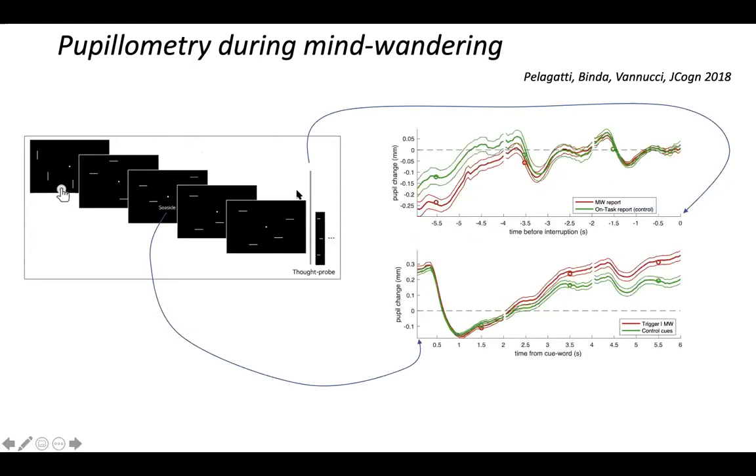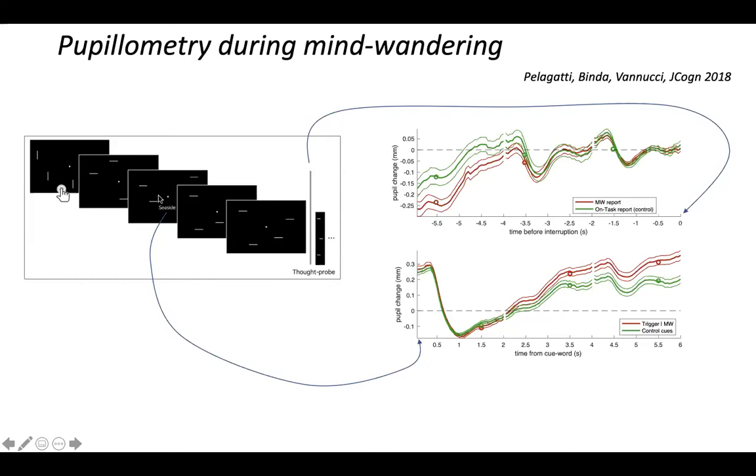We found that for interruptions that were reported to be associated with mind wandering, so people reported that in the preceding few seconds they were not focusing on the task but were thinking of something else, there was a progressive pupil dilation, which was more pronounced than that observed when people were stopped and they reported being on task. So that's the red versus the green lines.